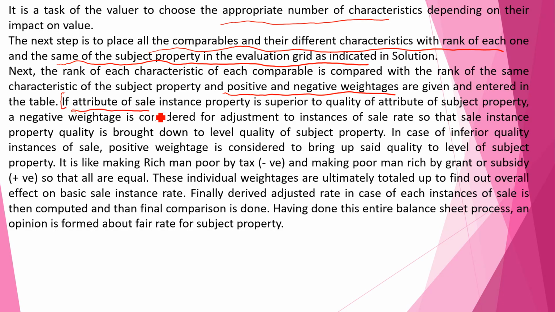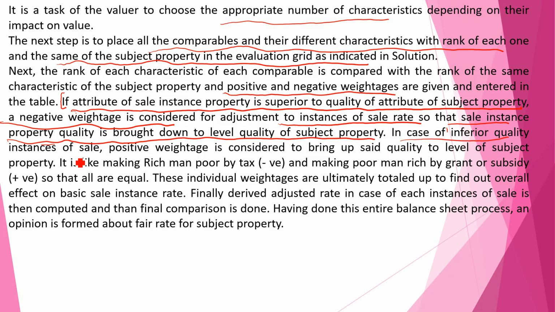If the attribute of the sale instance property is superior to the quality of the attribute of the subject property, a negative weightage is considered. And further adjustment to the sale instance rate is made so that the sale instance property quality is brought down to the level of the subject property, and in case of inferior quality of the sale instance, positive weightage is considered. So basically what we do here, this thing you have to remember.